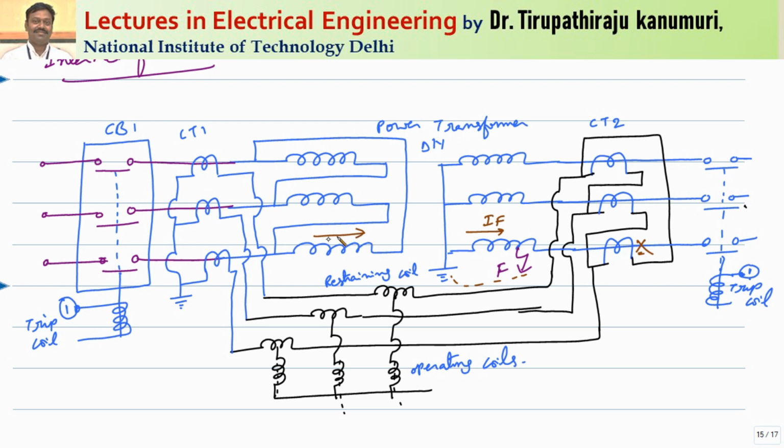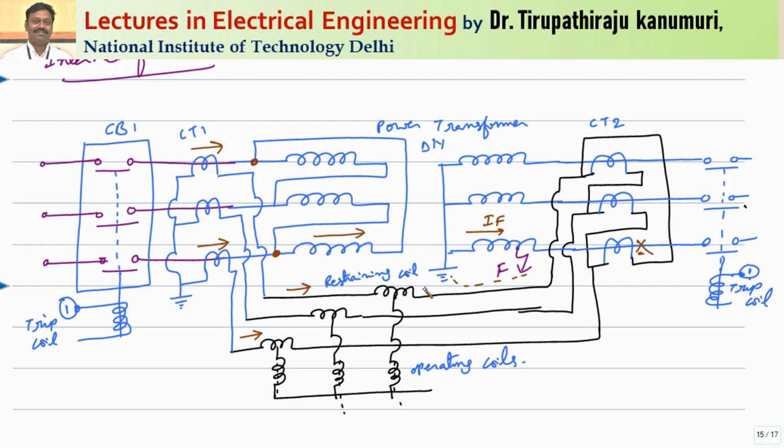This primary side coil is connected to two phases. One is connected to this one, another is connected to this one. That means this will also contribute to the fault current. So these two will contribute to the fault current. Automatically the current in this coil also will be there, and similarly the current in this coil also.